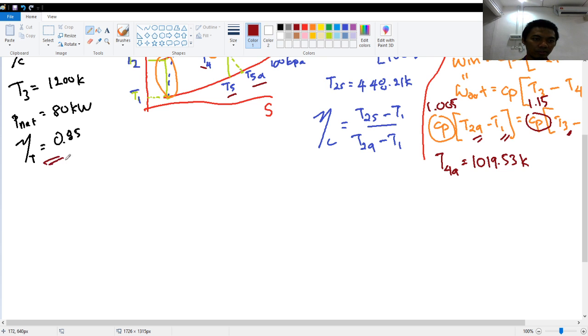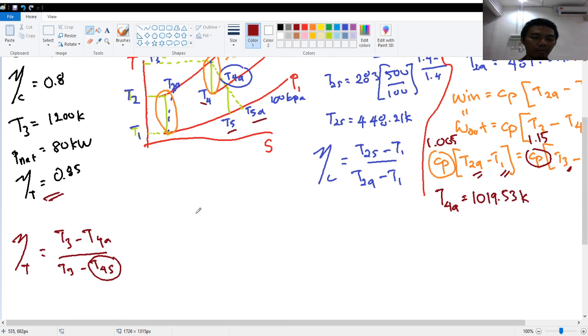So turbine efficiency equals T3 minus T4A over T3 minus T4S. You need to find T4S. Okay.